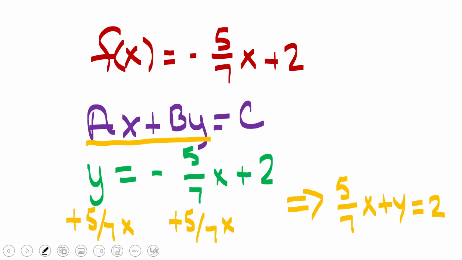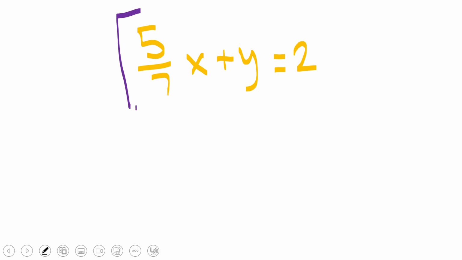We want to get rid of the denominator. I'm going to rewrite this right here. We've done this before. To get rid of the 7 in the denominator, we're going to multiply through, distributive property, across the equal sign, everything times 7.